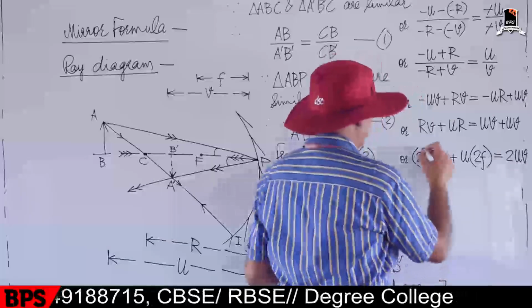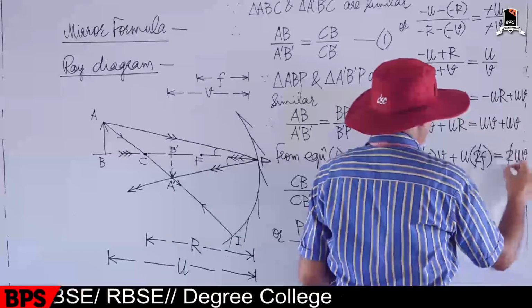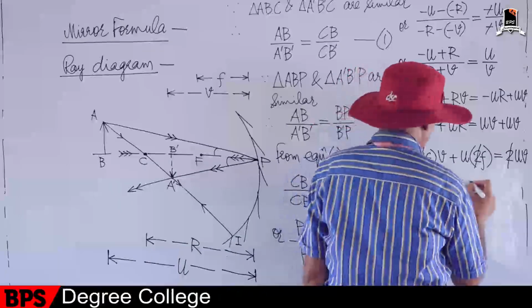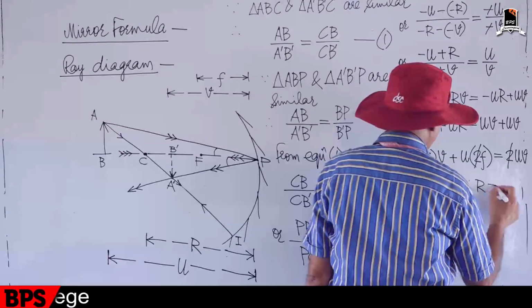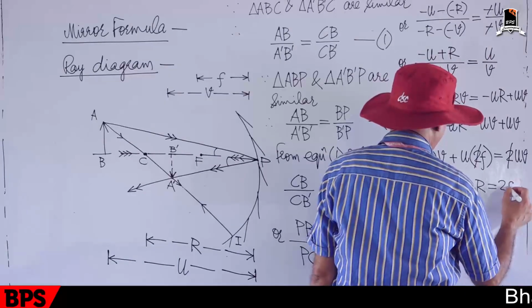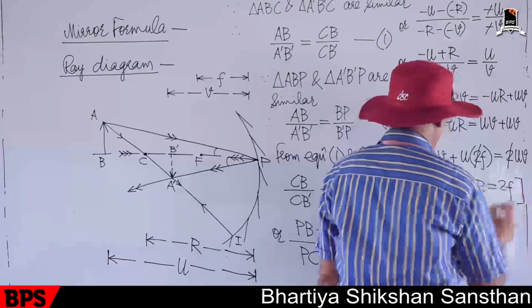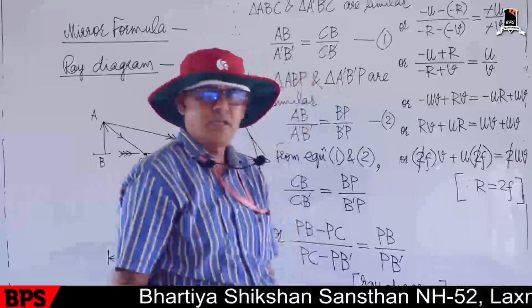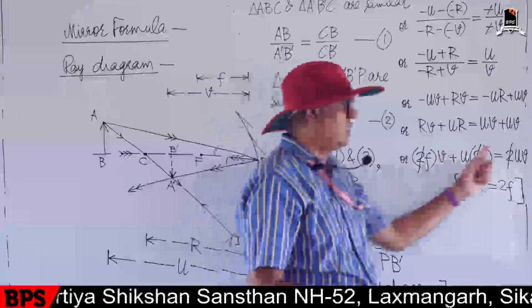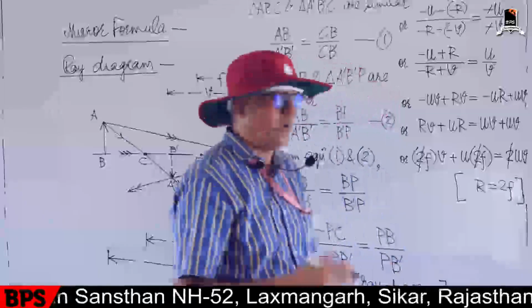Now 2 is common on both of the sides, so cancel it out, and reference is, since R equal to twice F, we have used the relation in between radius of curvature and focal length, and divide this equation with U into V into F.